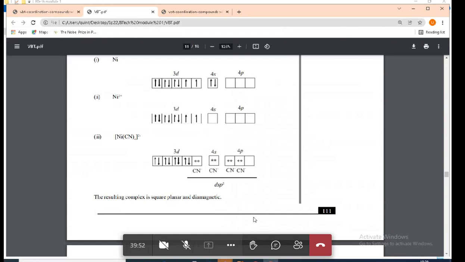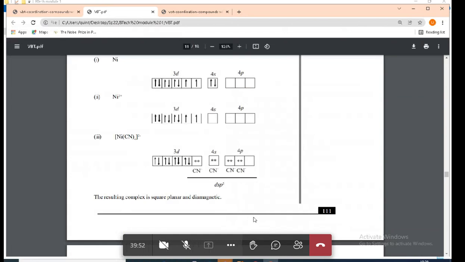The successes were that with the simple method of these box diagrams, they could explain the magnetic behavior and the structure. One could explain why one was magnetic, why the other was diamagnetic, paramagnetic or diamagnetic in nature.